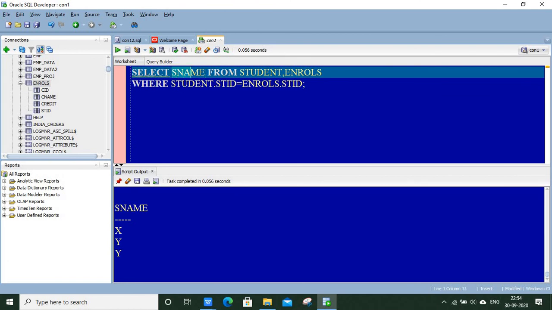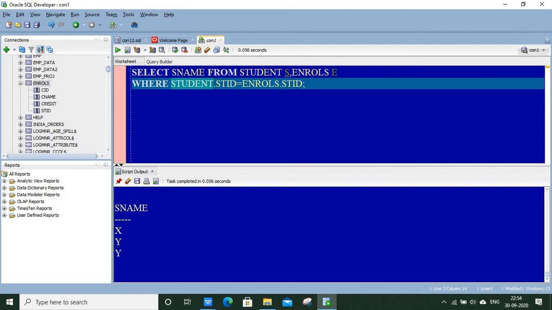Yes, we can use the table alias, that is, let us suppose we have the student table and enrolls table again, and let us represent student as alias S, and enrolls as alias E, and instead of writing this as student, we may write it as S and we may write it as E, where E is the alias of enrolls and S is the alias of student. It will be doing the same thing.